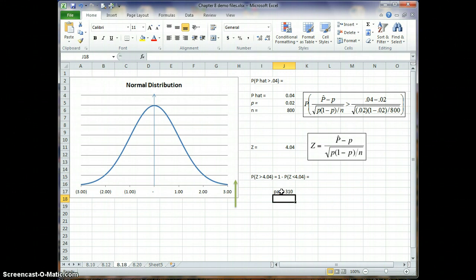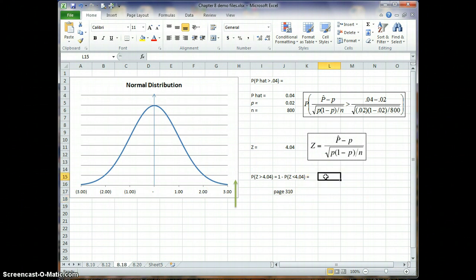So basically the probability of z being greater than 4.0, it covers the entire area of this normal distribution, which is 1.